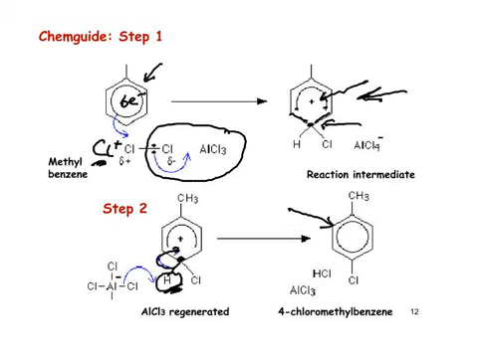This H comes off without its electron, as an H+. And that H+ strips away, remember, this is the AlCl4 with a minus charge. This H here will strip away one of these chlorines, for example this one, to give HCl and regenerate the catalyst AlCl3.